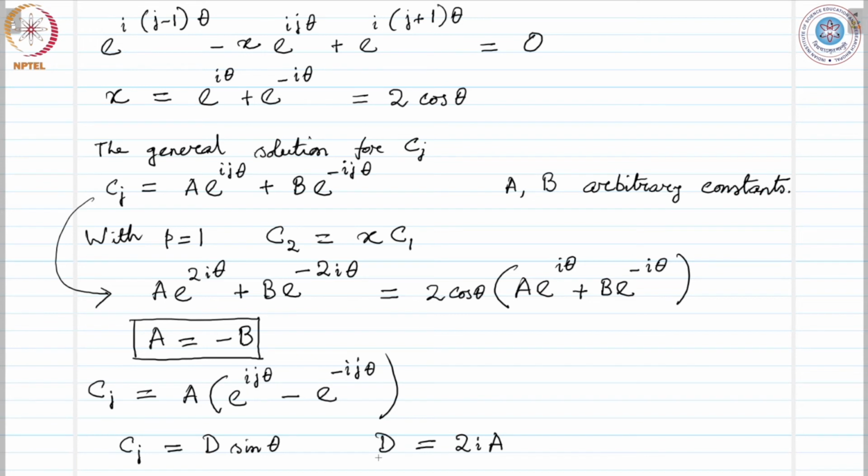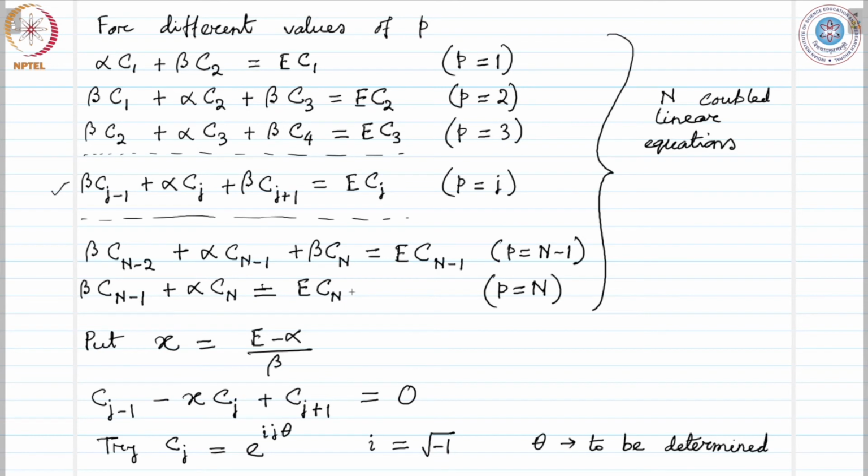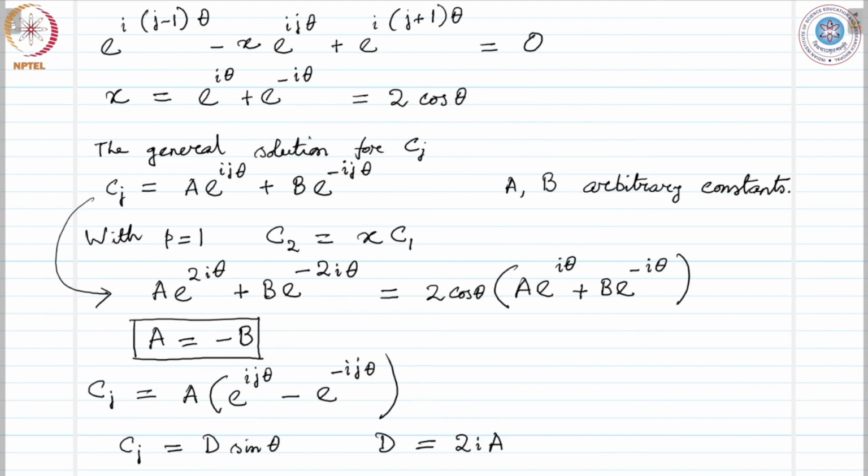And if we consider the other end atom, the extreme right atom, this equation here, then we can write down that C n minus 1 equals x C n.